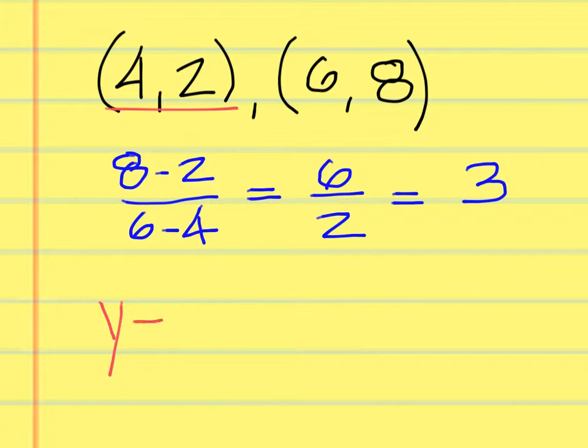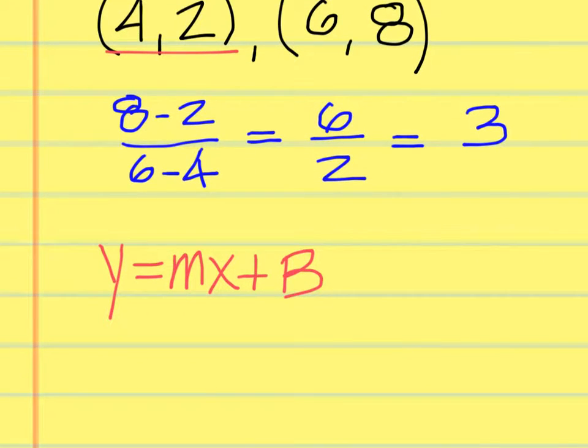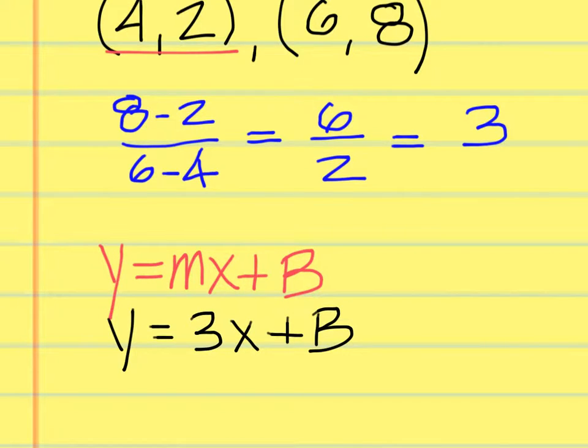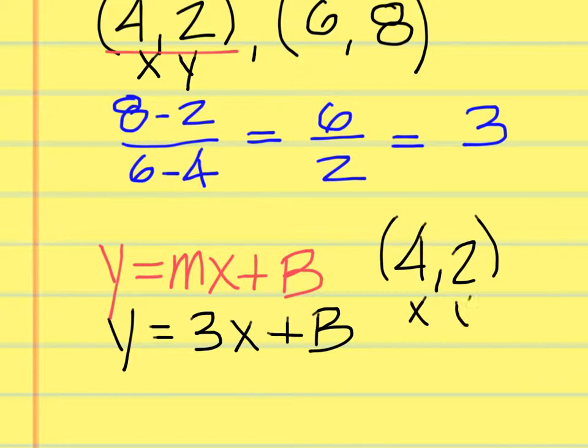So you have to start with y equals mx plus b. You know that the slope is now 3, so substitute that in for m. And if we're using 4, 2, that is xy.